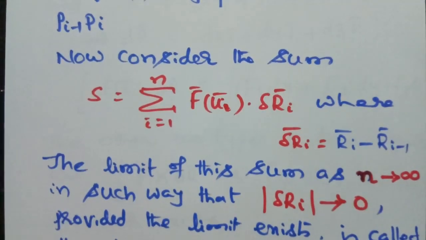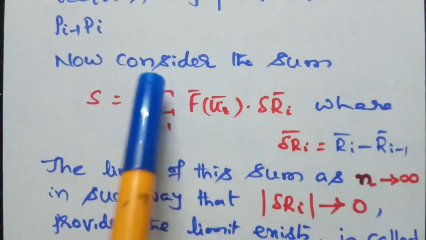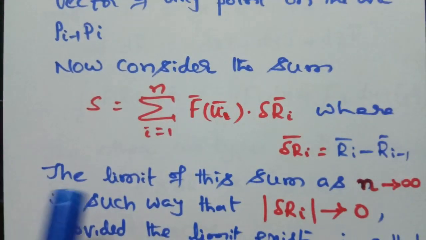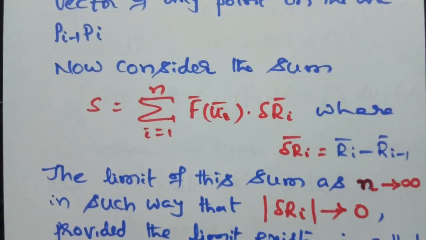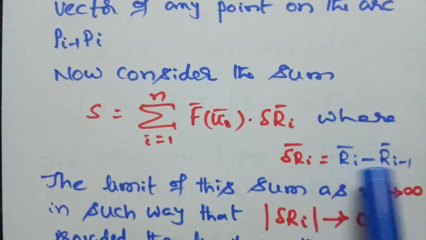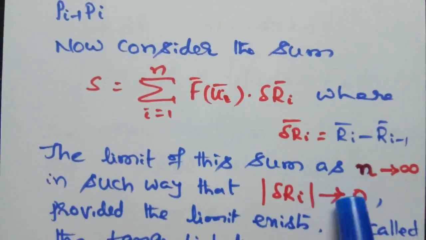So consider the limit of this sum as n tends to infinity in such a way that modulus of delta ri bar tends to 0. That means the difference between two position vectors becomes 0.